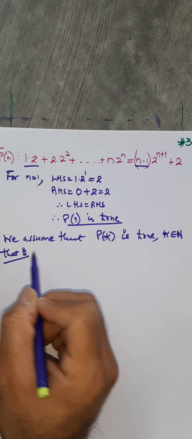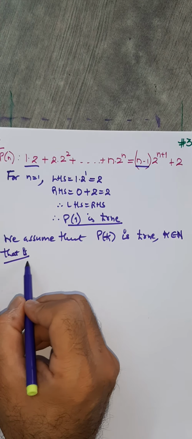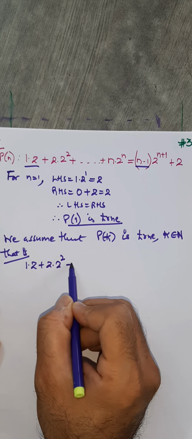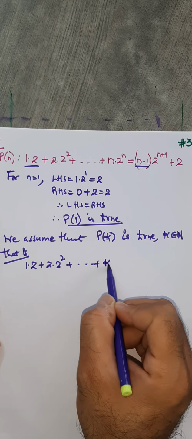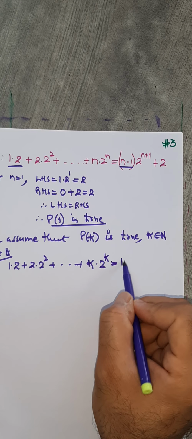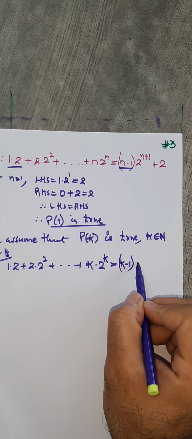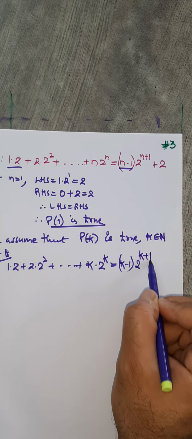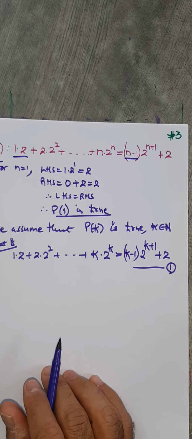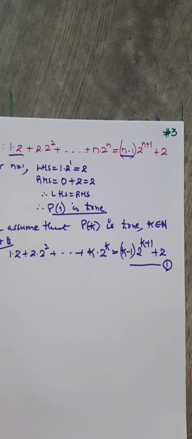In the statement, instead of n you write k. So 1 into 2 plus 2 into 2 raised to 2 and so on, k into 2 raised to k equals to (k minus 1) into 2 raised to k plus 1, plus 2. This is 1, as you know, as we did everywhere.